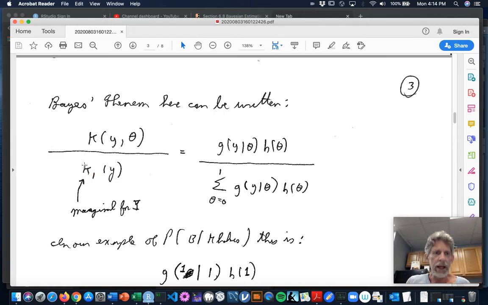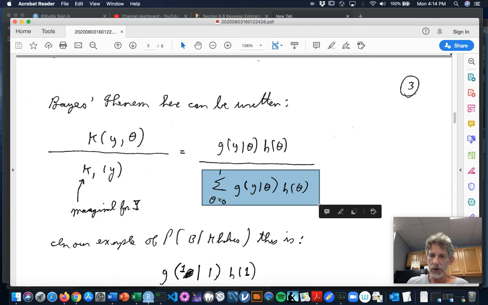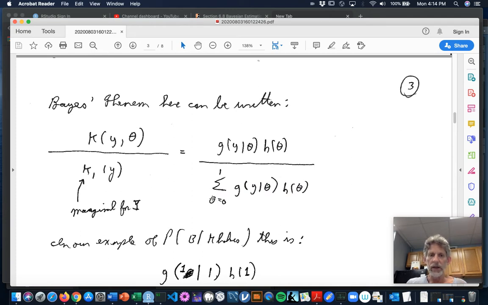Okay. And in Bayes' theorem, you use the conditioning technique to write that out in terms of G of Y given theta and H of theta. And so here you are summing over theta is 0, theta is 1. What's the chance of something given that you walked into your closet times the chance of walking into your closet, plus, switching over to where theta is 1, the chance of getting that thing given that you walked into your roomie's closet times the chance of walking into your roomie's closet.